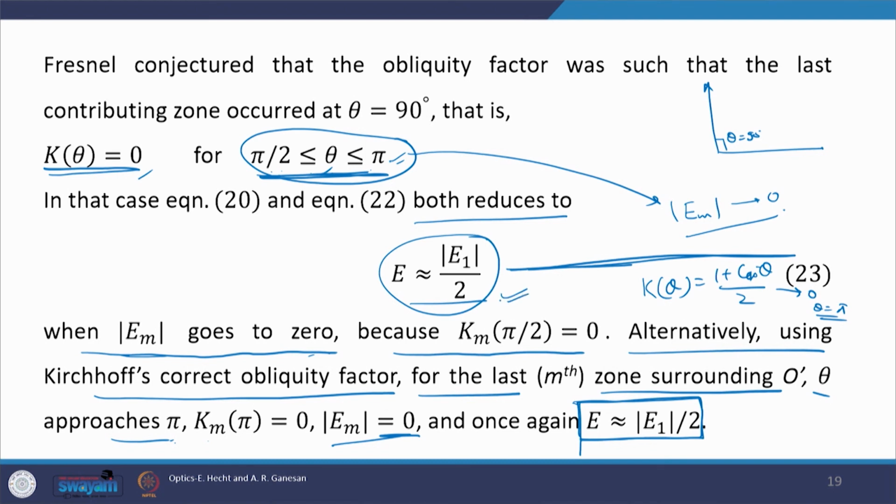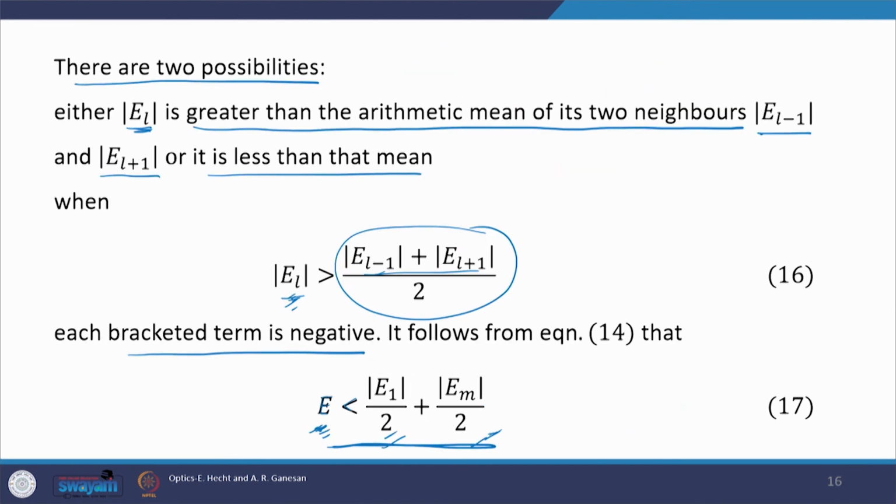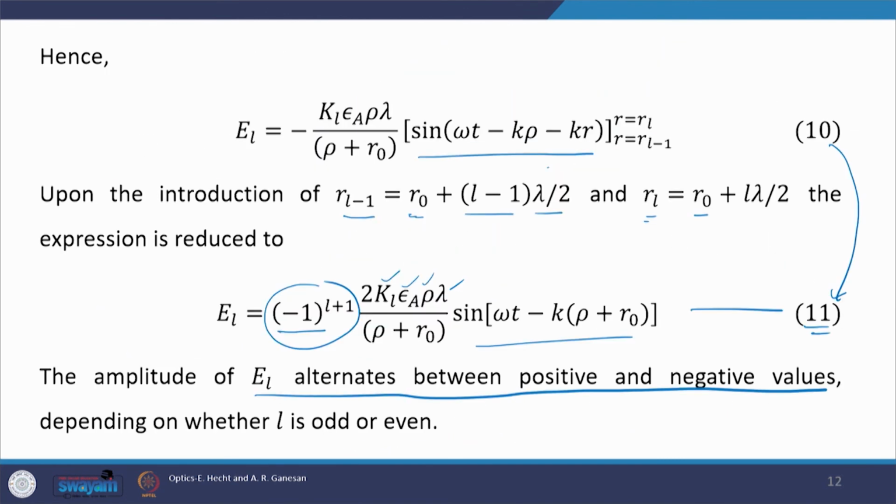E is E1 by 2, and to get an expression of E1, let us go back to the general expression of EL, equation number 11. Here we will just replace L by 1, write the rest of the terms on the right hand side, and this will give the expression of E1. Then we will just divide it by 2, and this will give us the resultant field at the point of observation P.